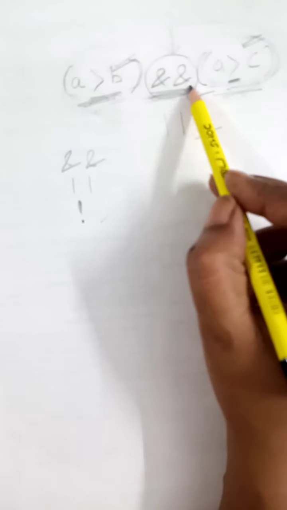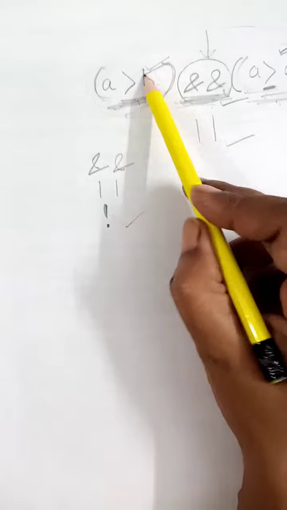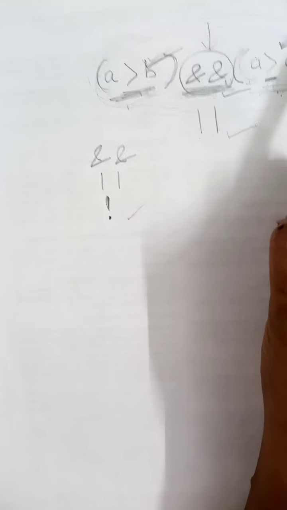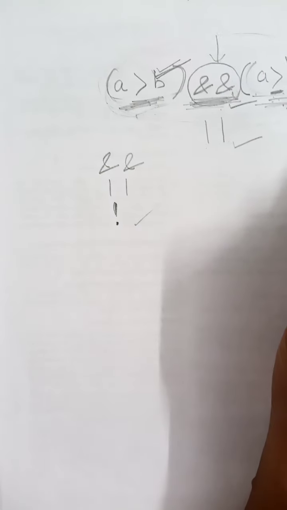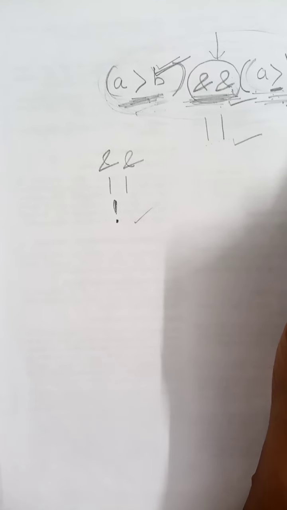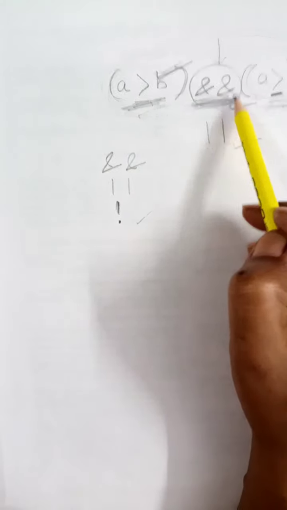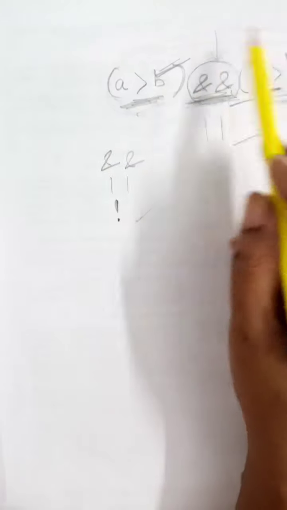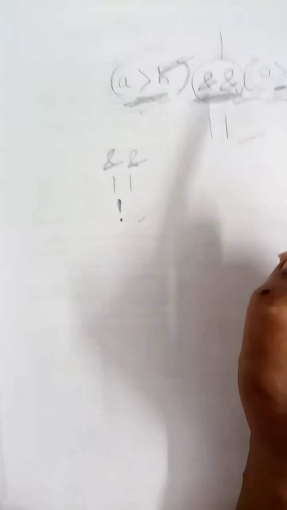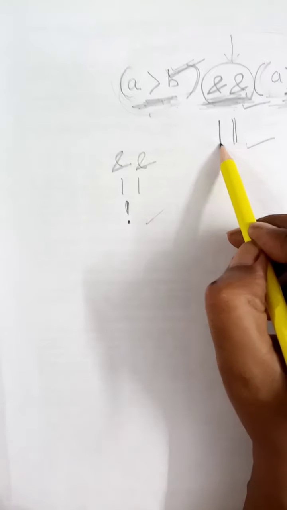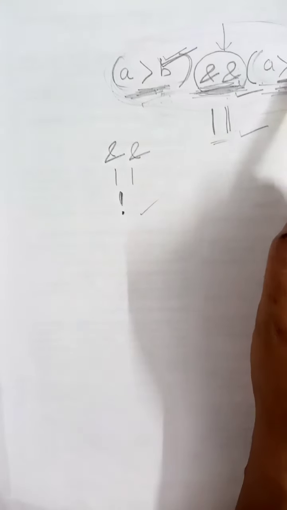Now if we have used logical AND or logical OR, logical AND means if this one is true and this one is also true, then only whatever you are going to write will execute. If AND is there, this one and this one both should be true. And if OR is there, then like general OR, either this one or this one.